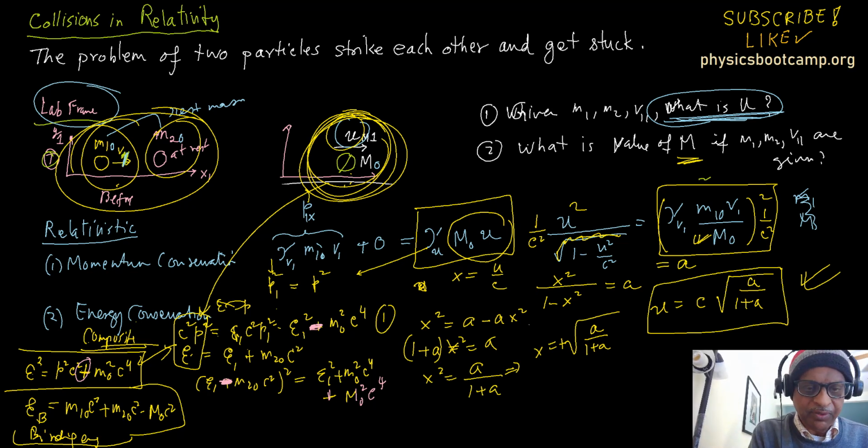Okay, to simplify, I'm going to have m0 squared C to the power 4, and E1 squared will cancel out.